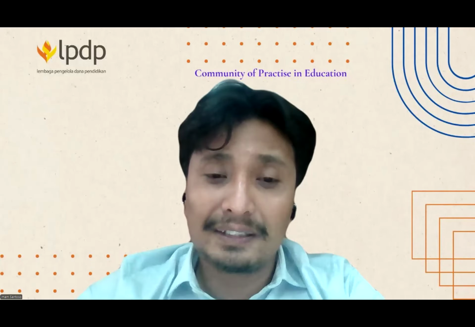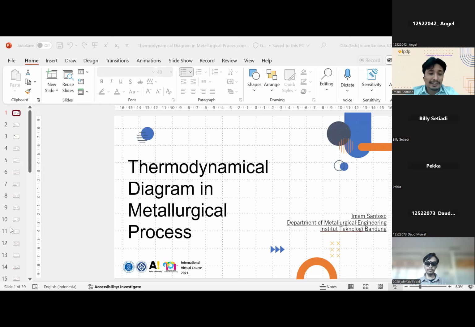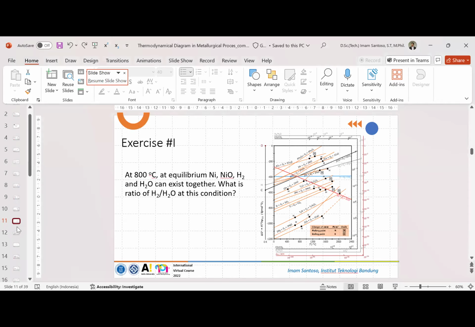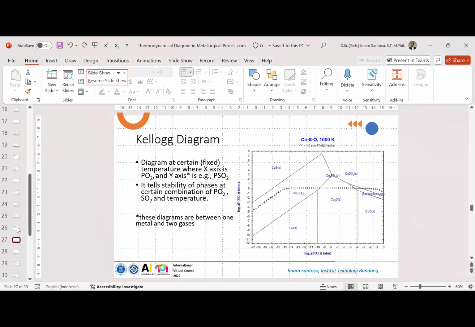Can you share the slide again? Yes, the Kellogg diagram. Share the Kellogg diagram. Yes, for example. Yes, Angel.